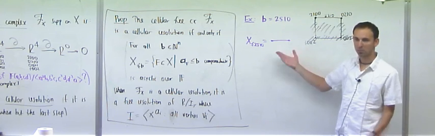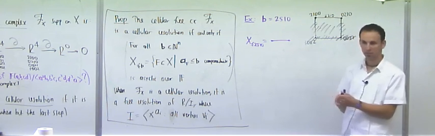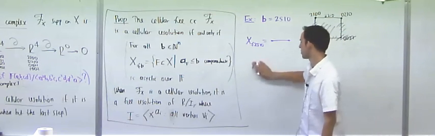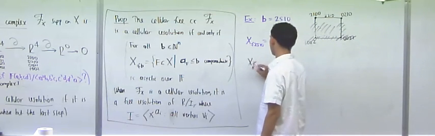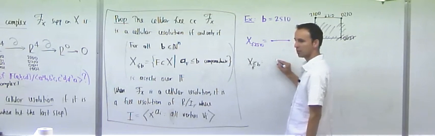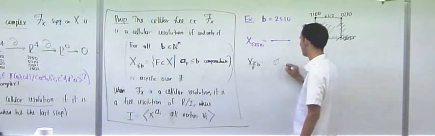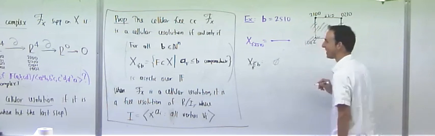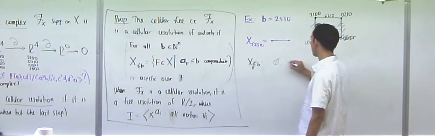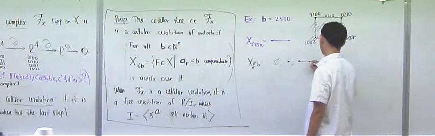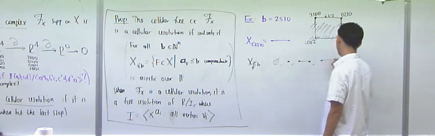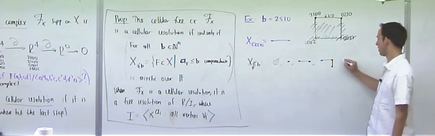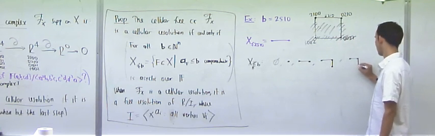So according to what B you chose, you're going to get a different subcomplex. But the subcomplex is either going to look like this. So the possible x_b's, x less than or equal to b's: you either got nothing. If you were really lazy, you chose 0, 0, 0, 0, and you didn't have to do anything. Or maybe you got a vertex, or maybe you got an edge, or maybe you got something like this. That's possible also. Or maybe you got the whole thing.